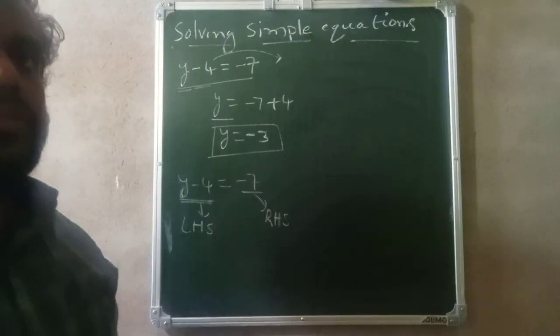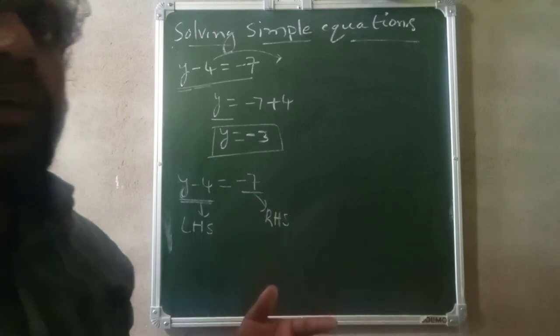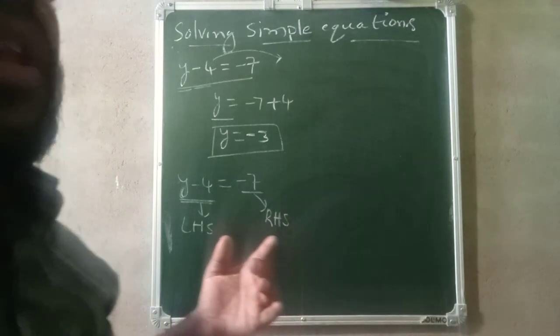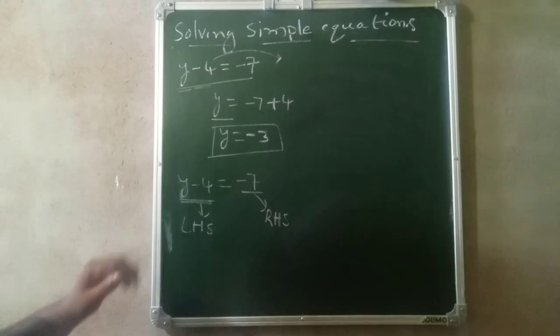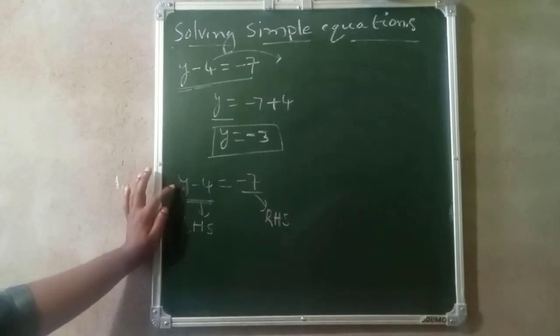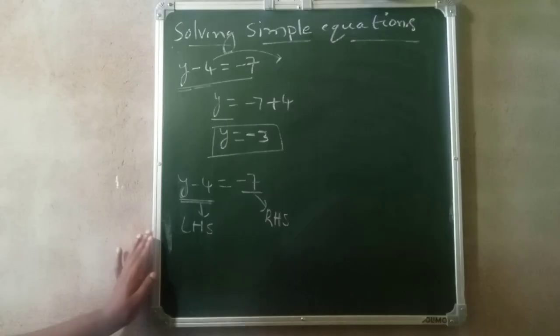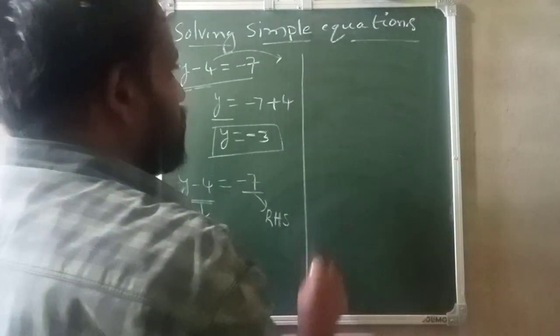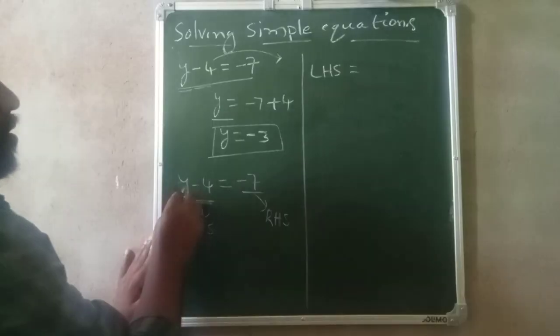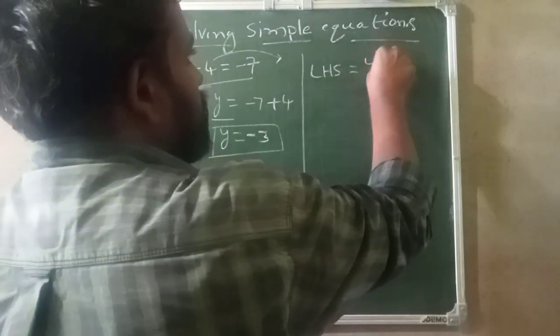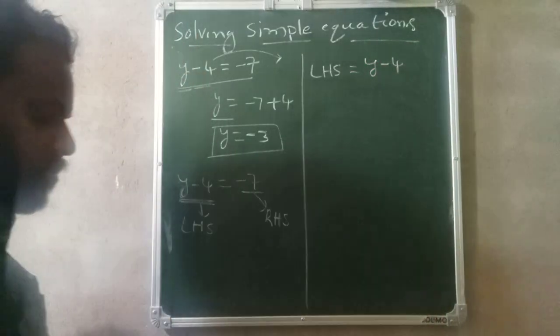Now check on which side the variable y is present. So we can see the y is present on LHS. So here take LHS. LHS is equal to this entire thing y minus 4.